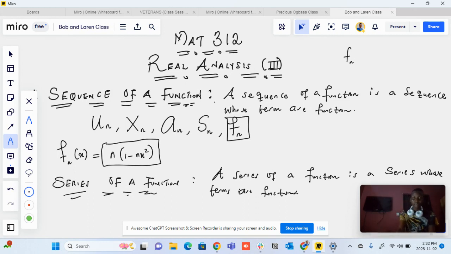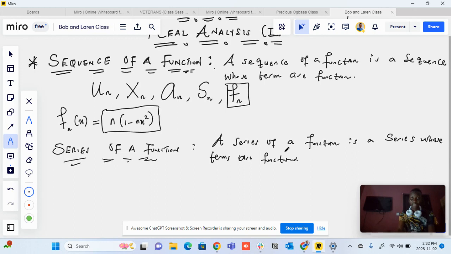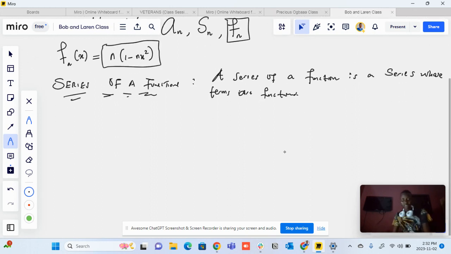In this case now, we can have something of this nature. Let's say we have a series of a function in this format, where you have your n starting from the first term. You can have n start from 0 to infinity. That's how it works in that case.